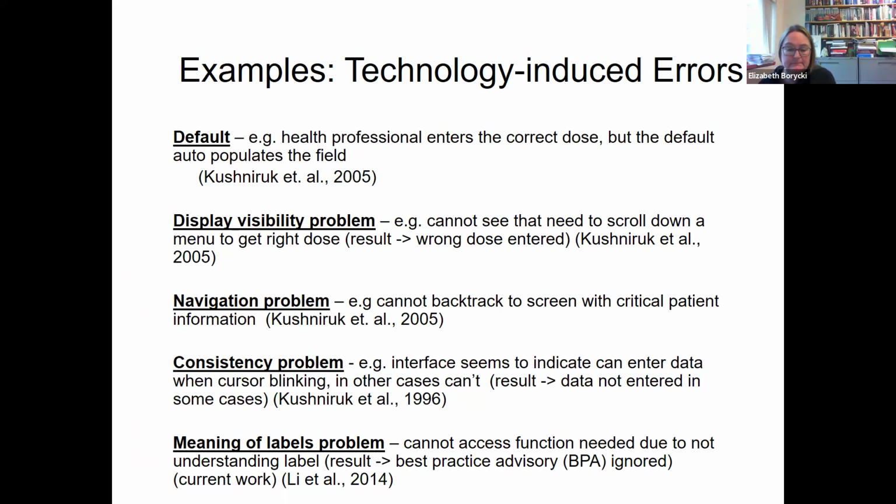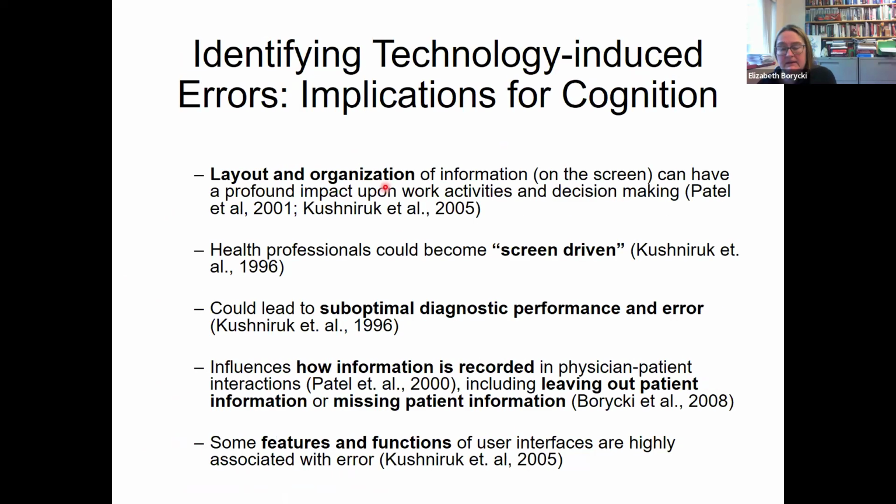And of course, we talked about earlier, Andre mentioned meaning of labels, where the clinicians and the patients don't know what the label means. In addition to that, there are issues around how technologies support the layout and organization of information, and does it fit into workflow? We've seen as a result, some healthcare professionals have become screen-driven, and also that has affected their ability to diagnose disease as well as understand or create an idea of what's happening with the patient.